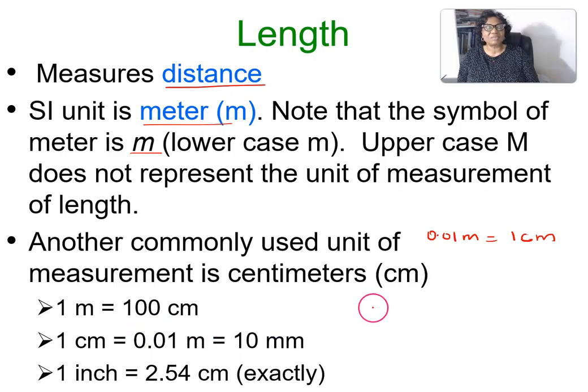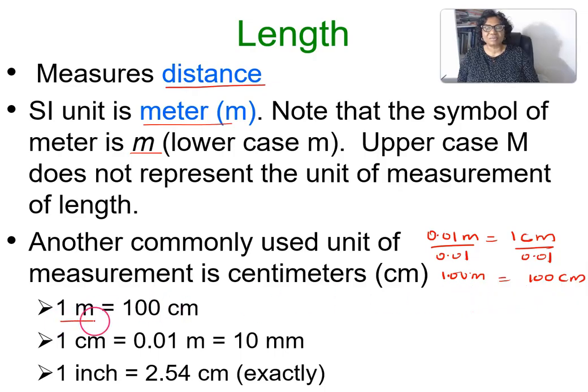So how did they get 100 centimeters? Divided by 0.01. You see that this is 100. This is 1 meter equals 100 centimeters.